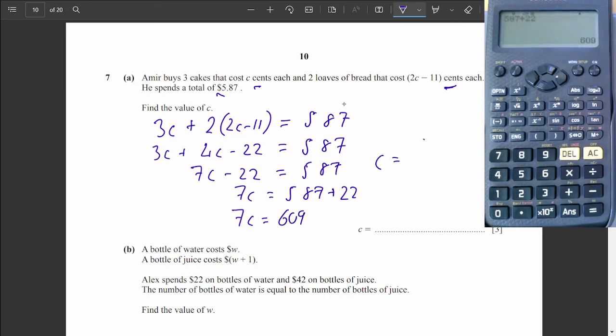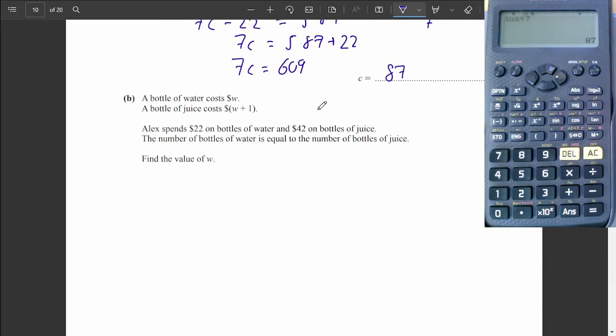So C is 609 cents divided by 7, which gives us 87 cents. Okay, which makes sense. 87 cents. Right.